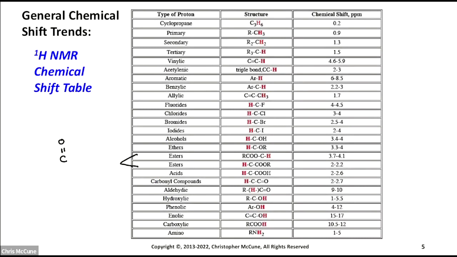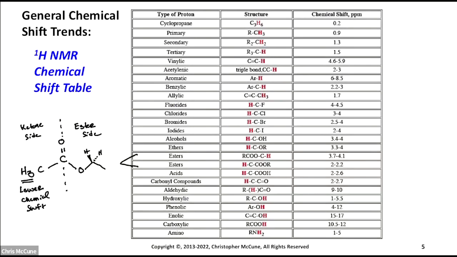If you think about an ester, let me show an example. I'll use ethyl acetate. If you split the carbonyl up in half, you have the ester side and you have the ketone side of the ester. And so these are going to have a lower chemical shift versus those.